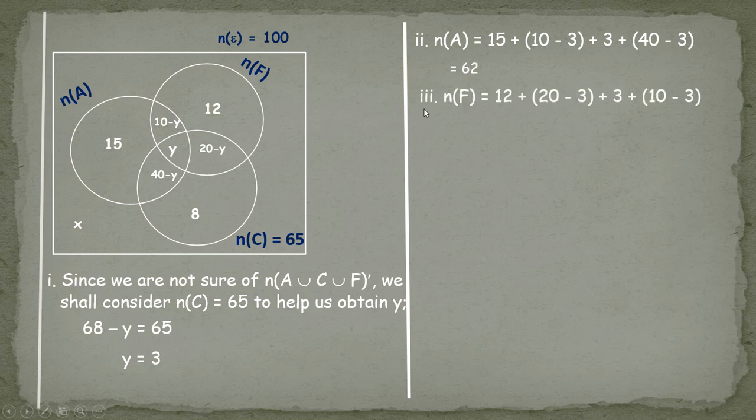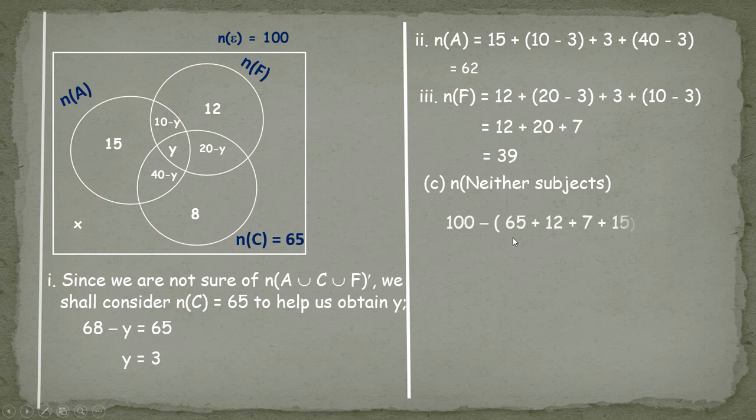Number of French, the same thing. Take 12, which is here, 20 minus 3, which is here, then 3, and then 10 minus 3. And that gives us 39. Neither subjects, these ones who are outside here, it means that we shall take 100 minus the union.